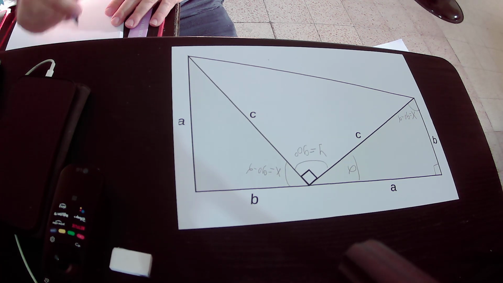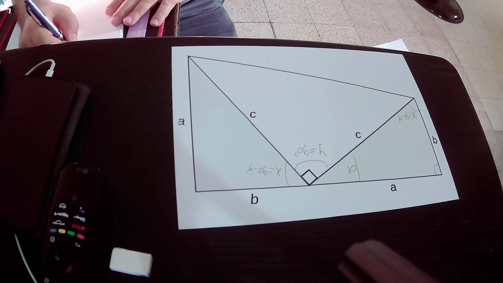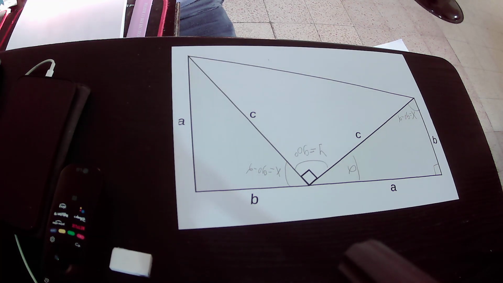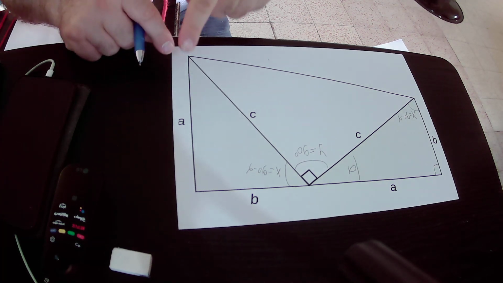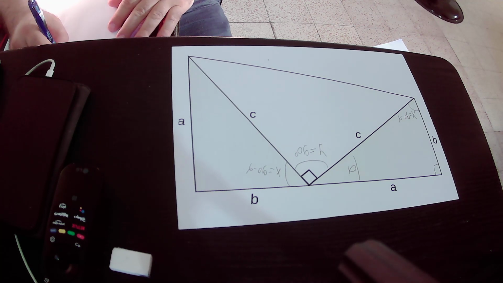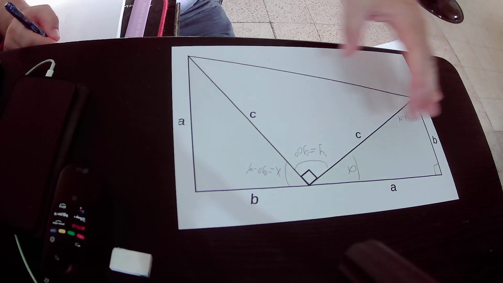saying that first of all we will label the area as S, the area of this trapeze, and the area of this trapeze is equal to the sum of its parallel sides. You see here that A is parallel to B, so it is A plus B, times the height of this trapeze.